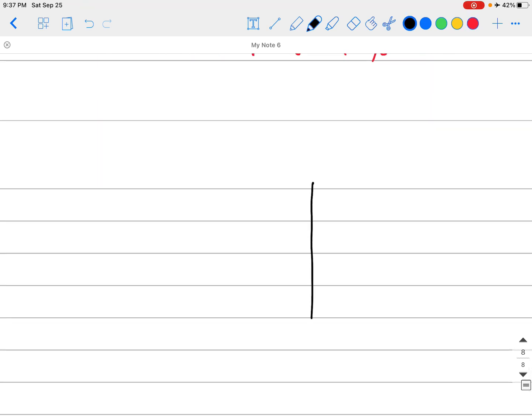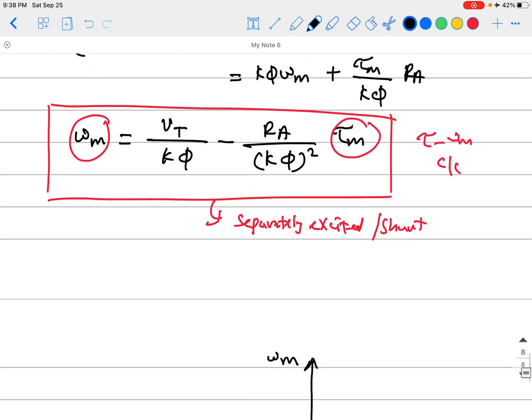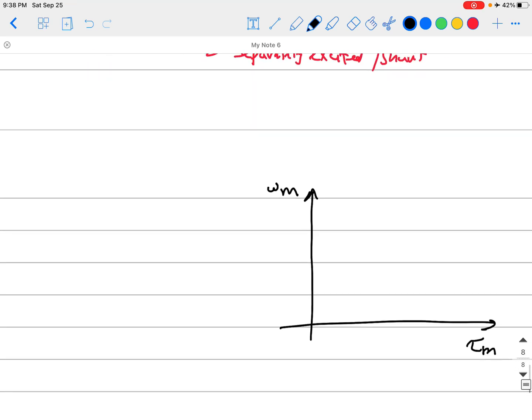So for this equation, you can just draw the characteristics: the torque versus omega m. From this equation, it will be a linear relationship that is going down like this. Okay guys, what do we mean by this?